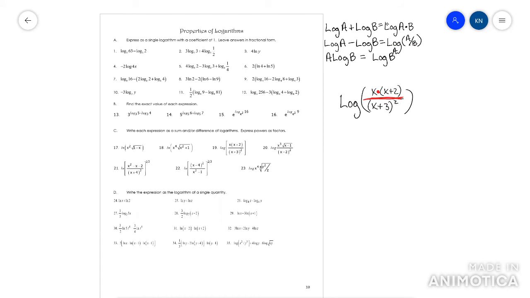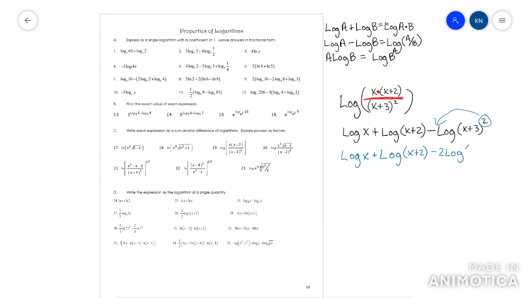When you rewrite this, you can think of it as log of x plus log of x plus 2 minus log of x plus 3 squared. And then the last thing I would do is handle this 2 right here. So I'd have log x plus log of x plus 2, and then I'd swing this in front here, so minus 2 log of x plus 3, just like this. Hope that made sense. So that's kind of how you would do number 20.